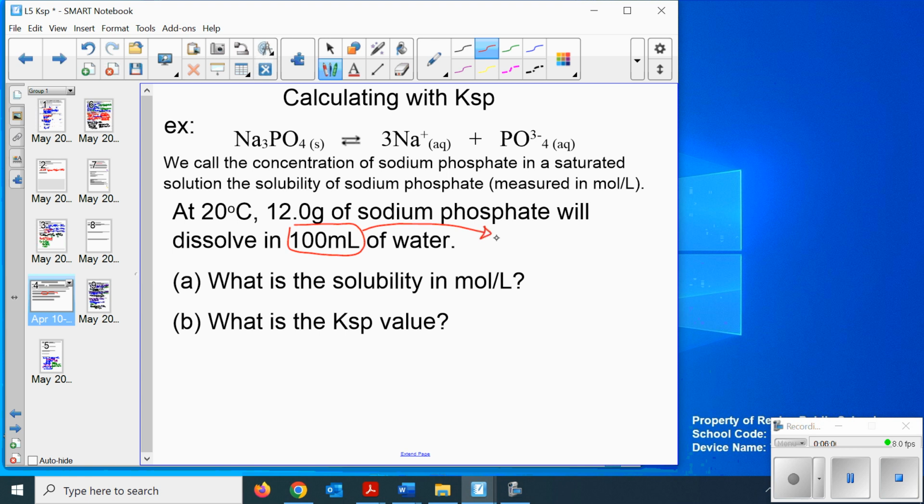A lot of mils is a small amount of liters, so use your common sense. Let's divide. 0.100 liters. That part of it I can do in my head. I don't even explicitly need to write it.